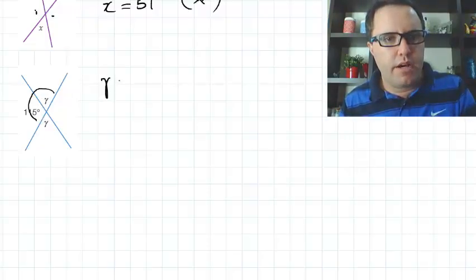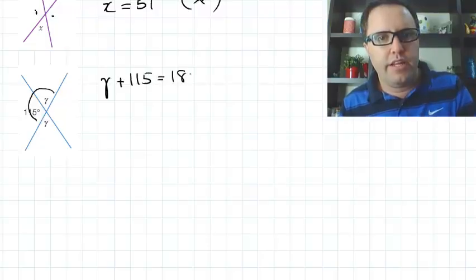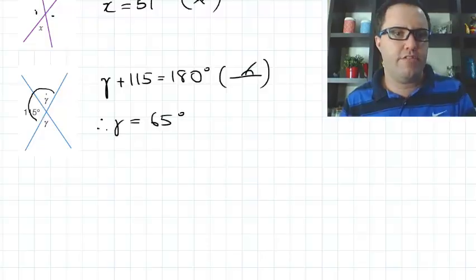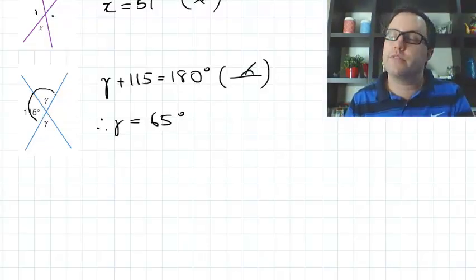So gamma plus 115 is equal to 180 degrees because of our straight line rule. Therefore, gamma is equal to 65 degrees. And that's fine for the other side too, so both of those are equal to 65.